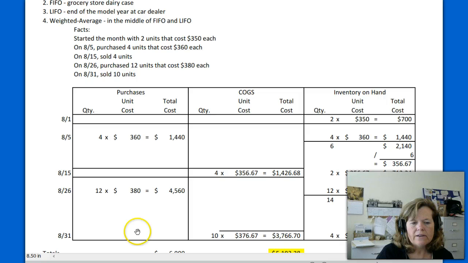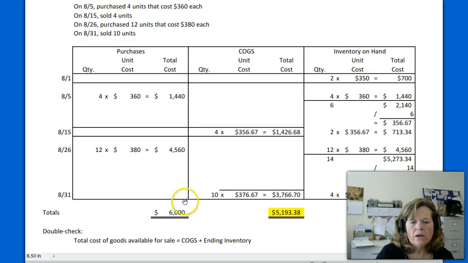Then down here on the 31st, I sell 10 units. So I'm going to wait till I have a sale to calculate this weighted average cost. $5,273.34 divided by 14 gives me an average cost for these 14 units of $376.67.